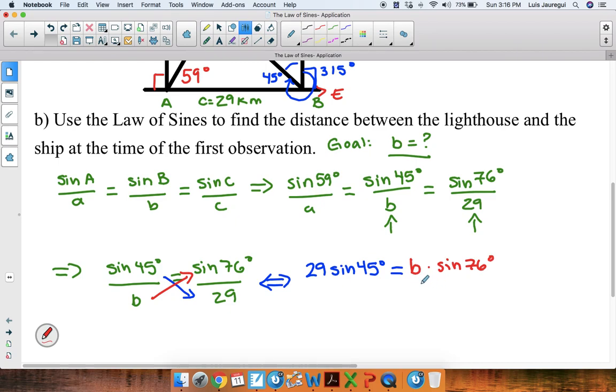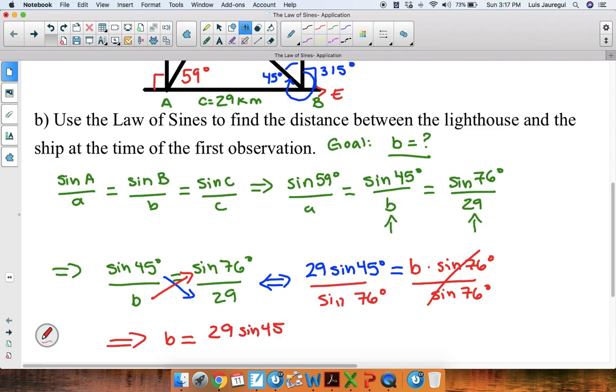Now, to isolate the unknown here, let's divide both sides by sine of 76 degrees. Now, this implies then that b, since this crosses out, is equal to 29 sine of 45 degrees divided by sine of 76 degrees.